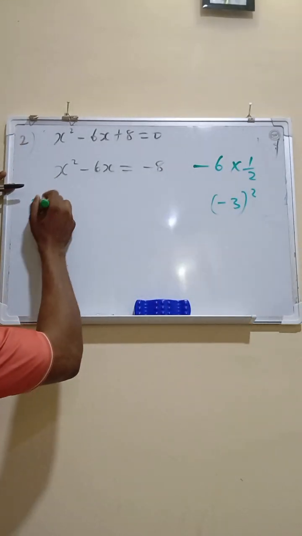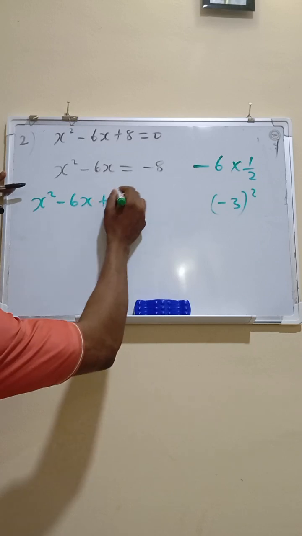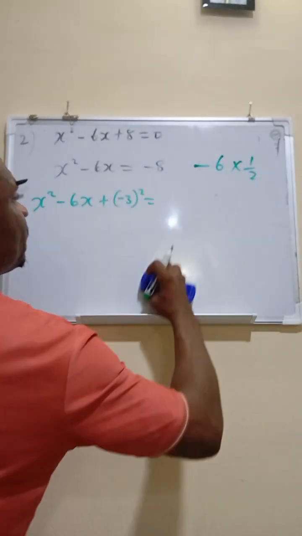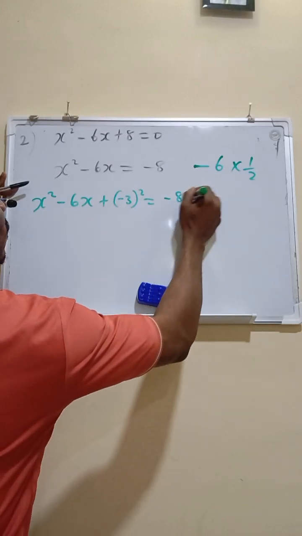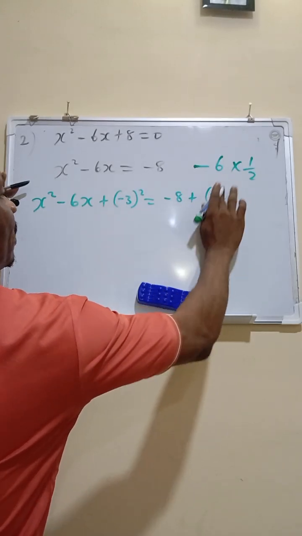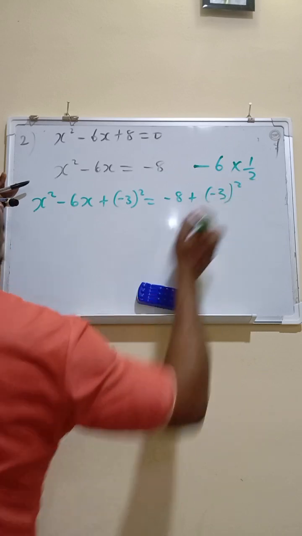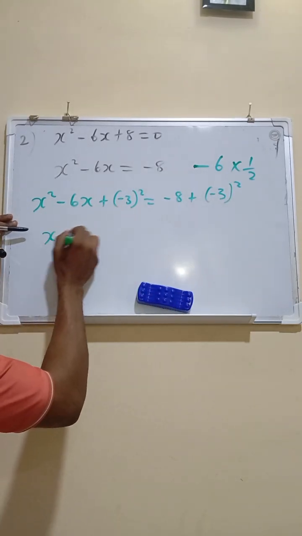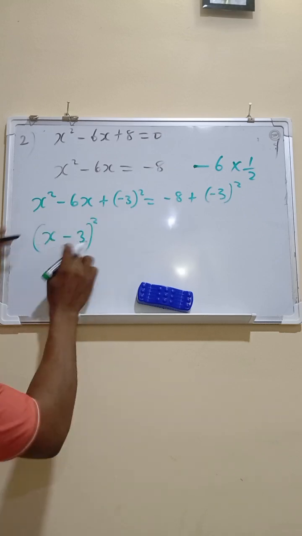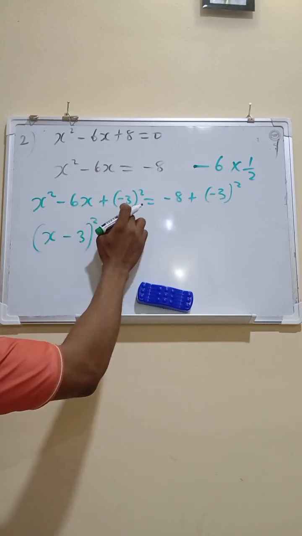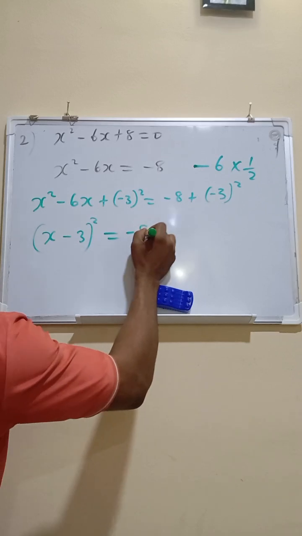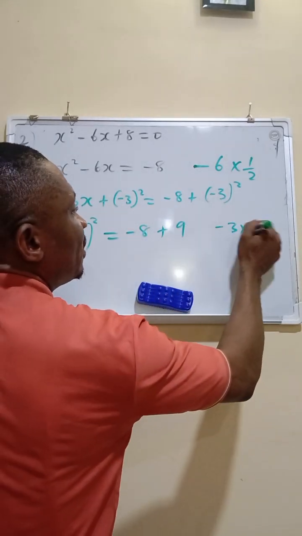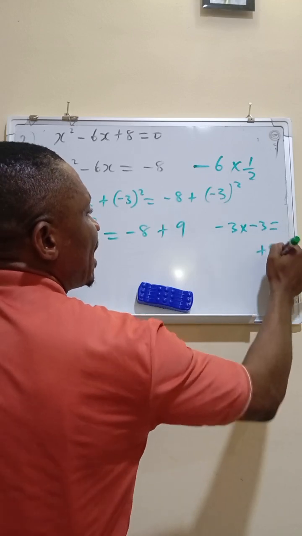You now have x squared minus 6x plus minus 3 squared equals minus 8 plus minus 3 squared. Now combine these two to have x minus 3 all squared. If you expand this, you will go back to this. So it equals minus 8 plus 9, since minus 3 times minus 3 gives plus 9.